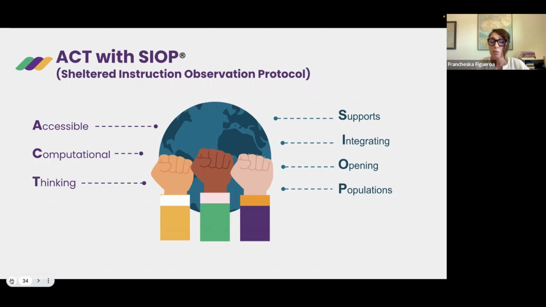So ACT with SIOP: accessible computational thinking supports multilingual learners through integrating science, CT, and culturally and linguistically responsive teaching by opening computing opportunities for all learners and populations.